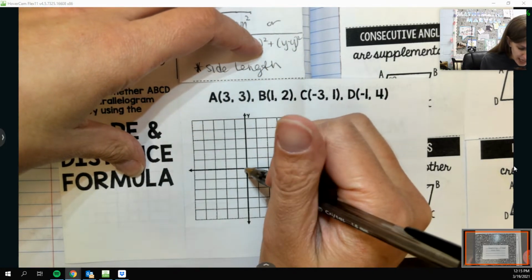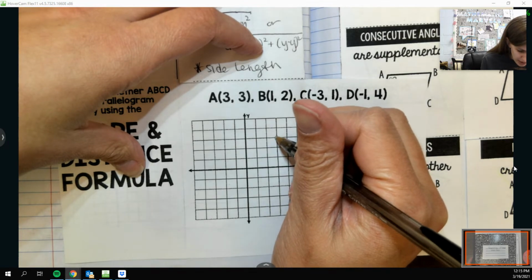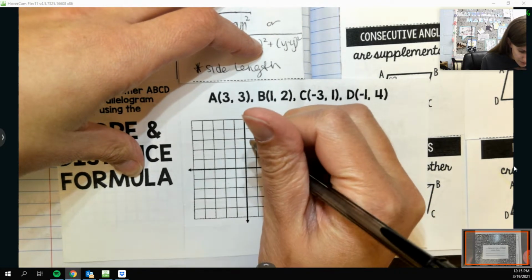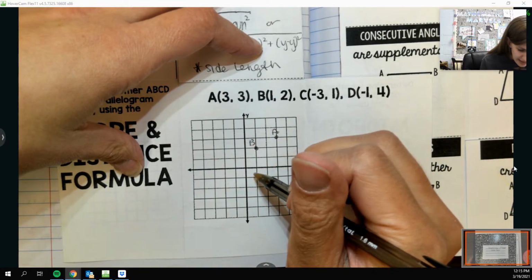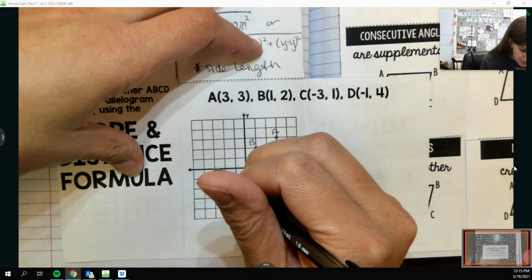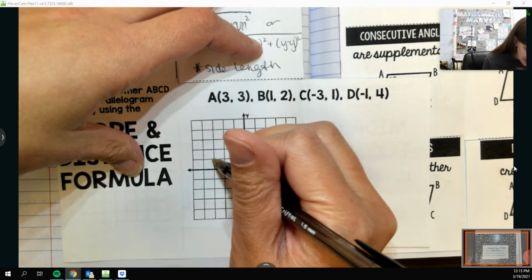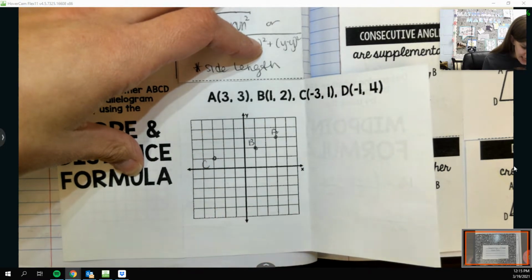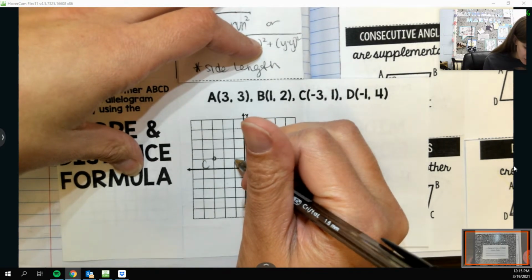So we'll do A is at 3, 3. B is at 1, 2. C is at, oh my gosh, -3, 1. What? And D is at -1, 4.